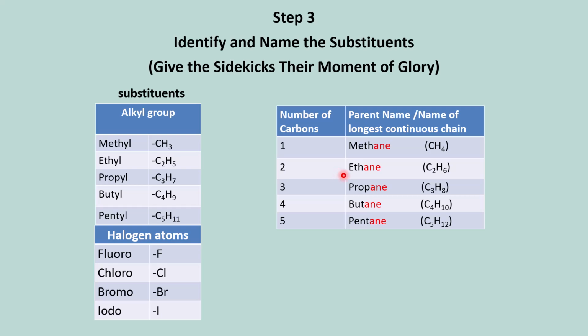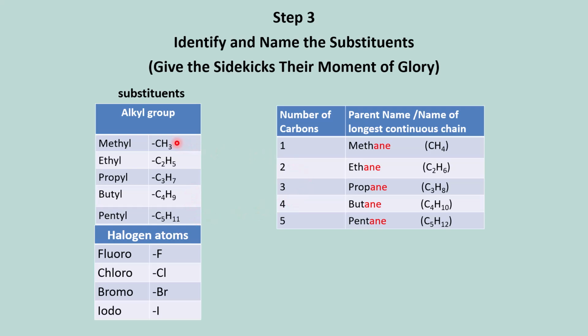If the number of carbons is 2, we have ethane, but this substituent is ethyl, C2H5, whereas ethane is C2H6. Propane is for 3 carbons, but for the alkyl group, it is propyl. You can check that for butyl and pentyl.